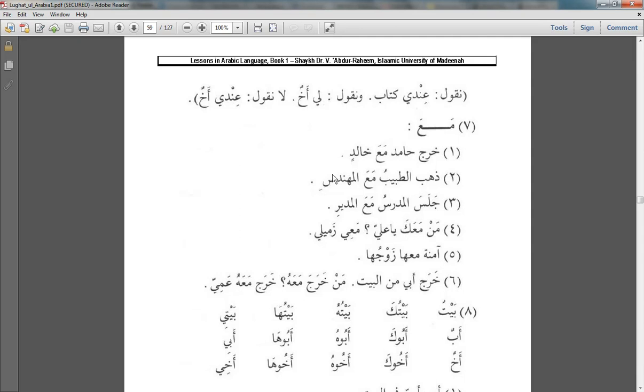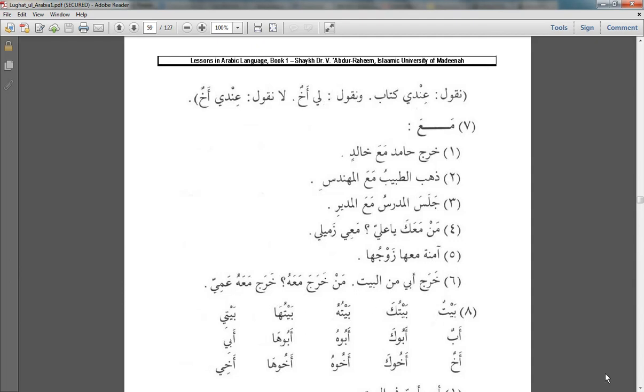The doctor went with the engineer. جلس المدرس مع المدير. The teacher sat with the principal. من معك يا علي. معي زميلي. Who is with you, O Ali? With me is my colleague. آمنة معها زوجها. Amina, her husband is with her.